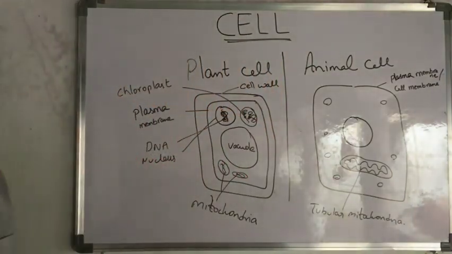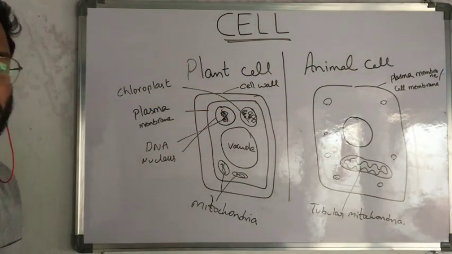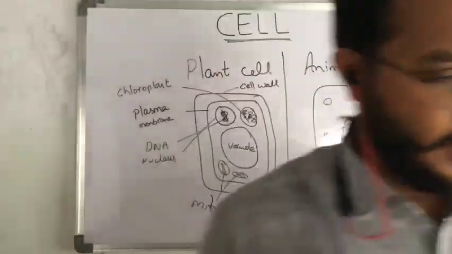These are the most important differences between the plant cell and animal cell.